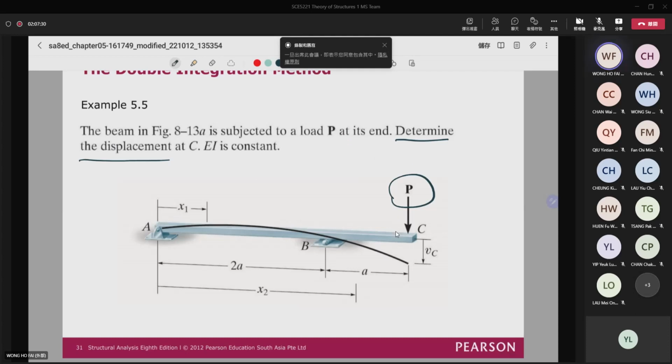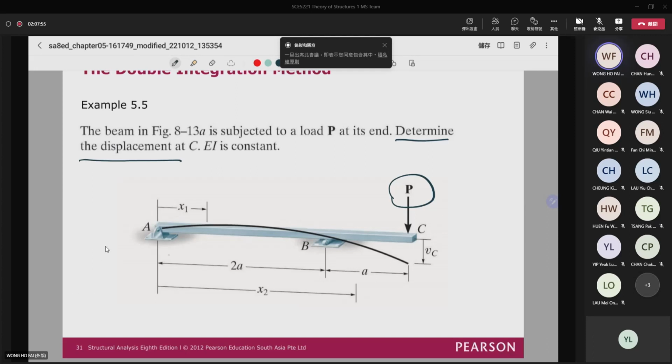Now for here, first of all, as I mentioned, to find the deflection and then the rotation, actually we need to integrate the moment equation, right? And then for here, how many moment equations do we have in order to find the total change of the moment along the beam?